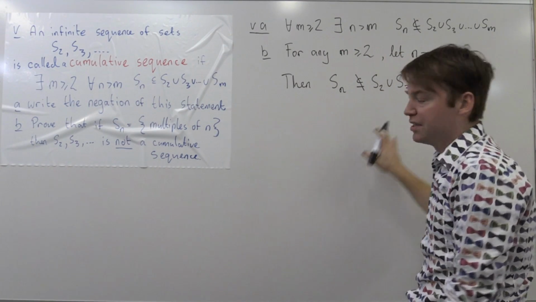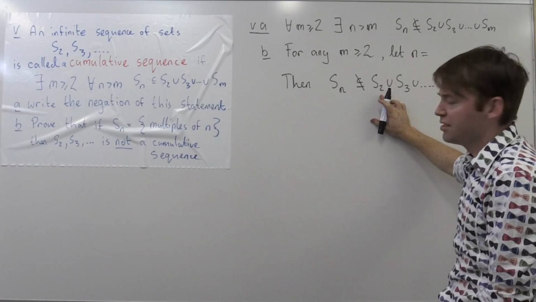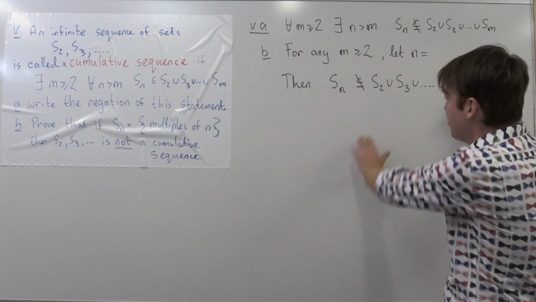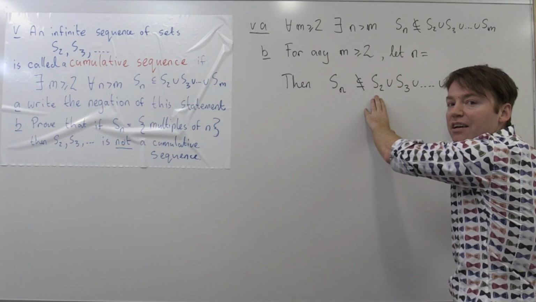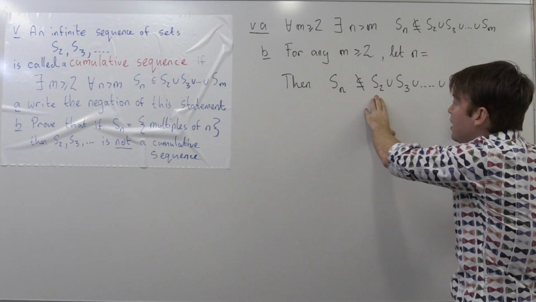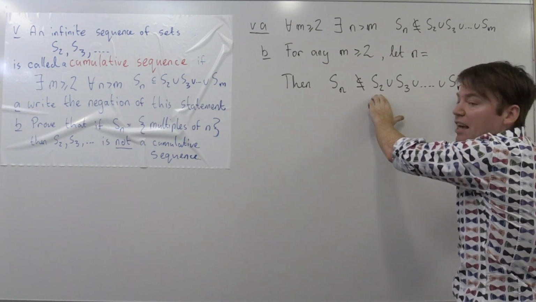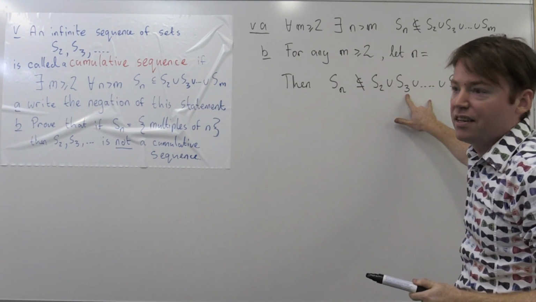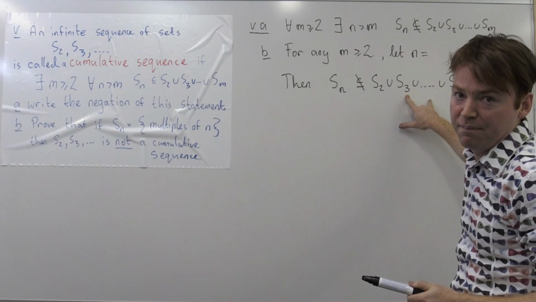Now let's think about what this means. These are the multiples of 2, the multiples of 3, all the way up to the multiples of m. So I've covered a lot of ground here. This union is quite large. It covers all the multiples of integers from 2 to m. What's not going to be in here is any prime bigger than m.